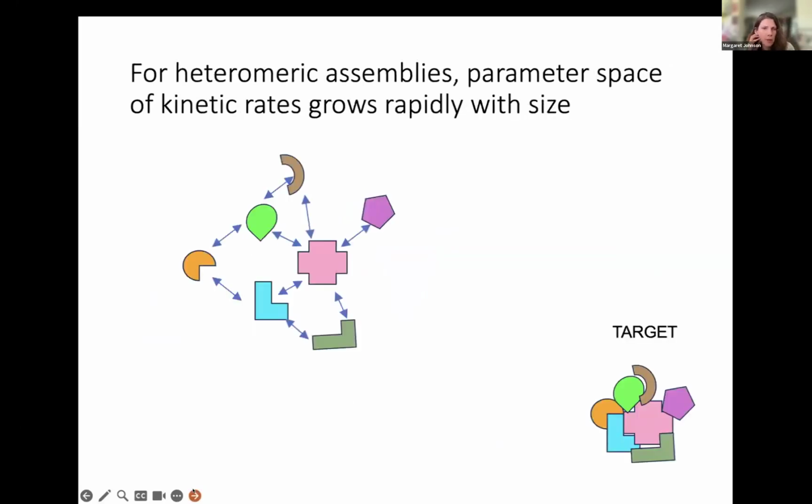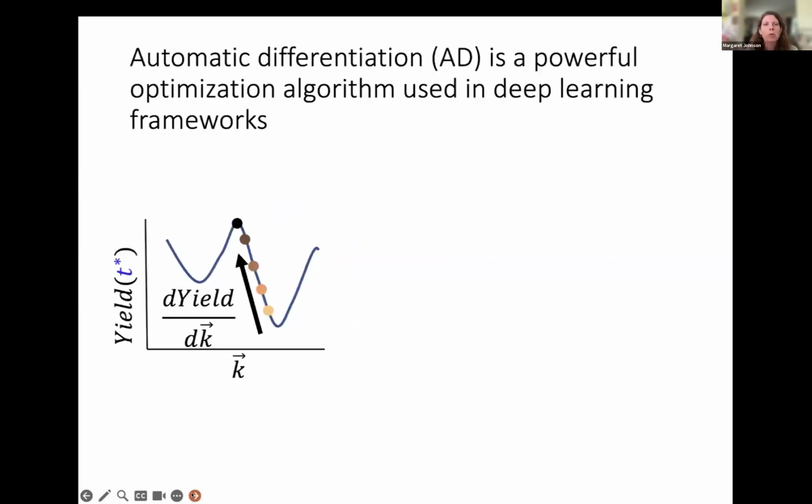Okay, but we've got heteromers here, so there's a very large parameter space that we're searching in. And it grows as you make it bigger. So how do we search in a space with many, many parameters? We're going to take advantage of algorithms from the deep learning community. There's this really nice algorithm called automatic differentiation, and it's a generalization of backpropagation.